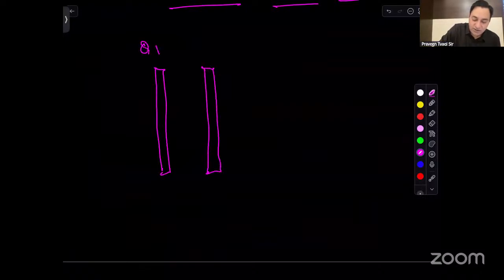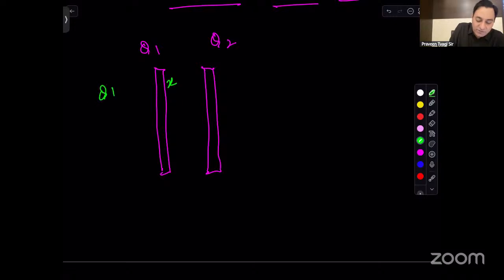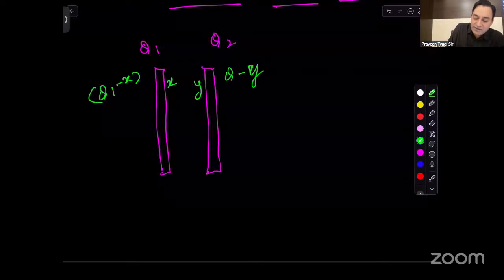This is Q1, this is Q2. I gave them two charges. I wanted to find what is the charge on each side of the plates. I assume this to be X, so it will be Q1 minus X. I assume this to be Y, it will be Q2 minus Y.